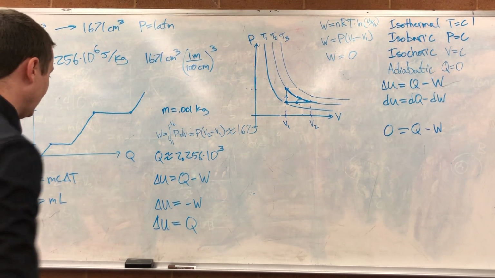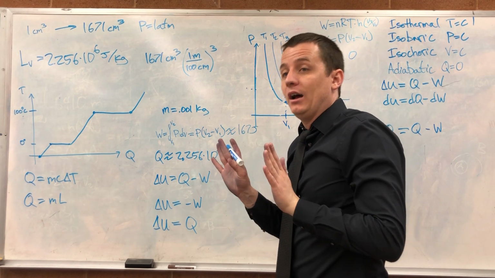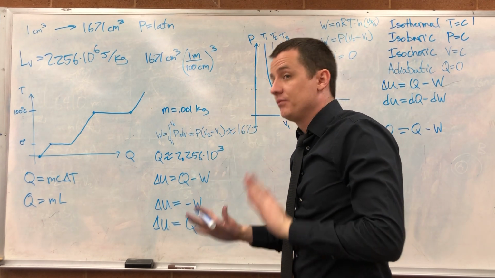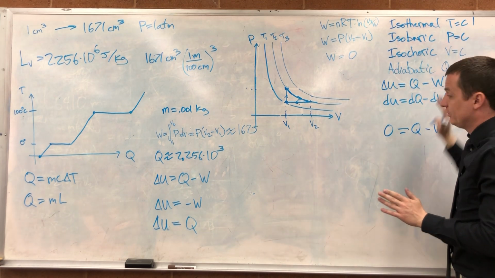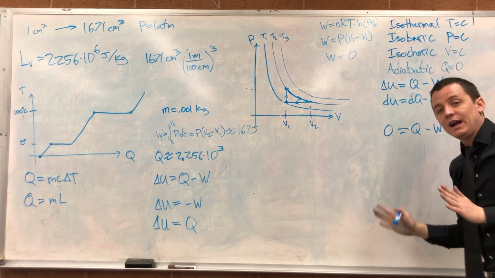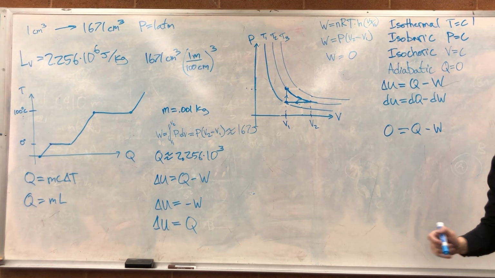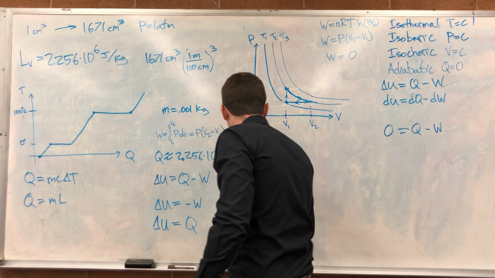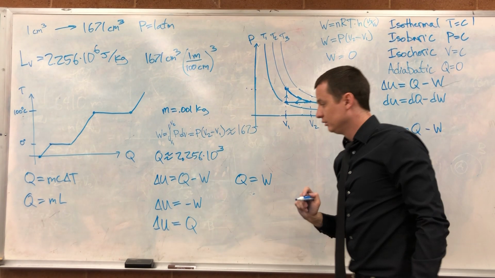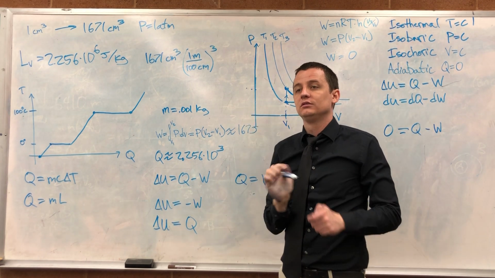And then finally, isothermal. For the cases that we're dealing with, an isothermal process means that the temperature stays constant, means that the internal energy of the system doesn't change. So for an isothermal process, Q is equal to work, because our change in internal energy is 0.